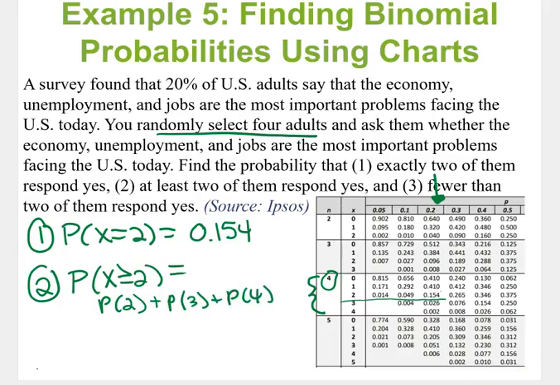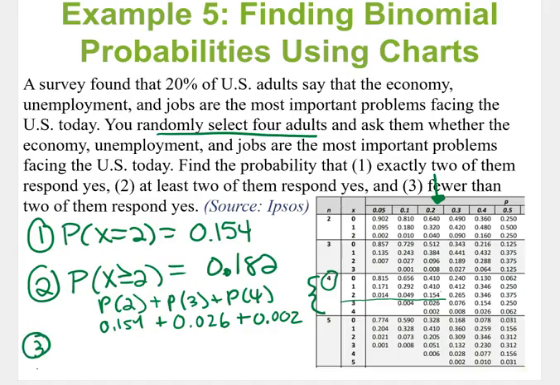All right, so probability we get 2, we already looked that one up, that's 0.154. The probability we get 3 is this number right here, 0.026. So plus 0.026. And the probability we get 4 is right here, which is 0.002. So you add all those together, and you get 0.182. Notice how much easier that is. I absolutely love using these charts.